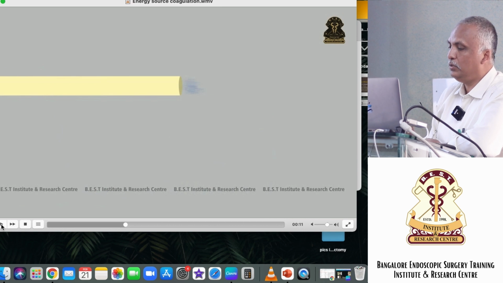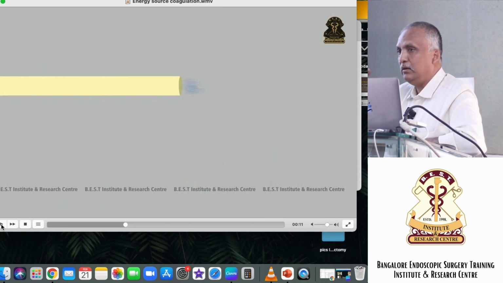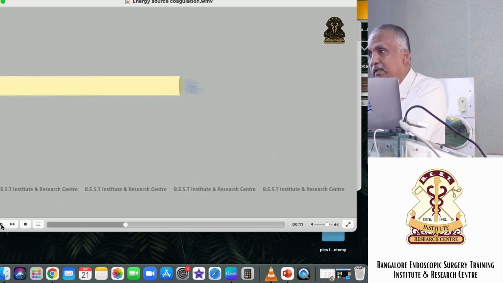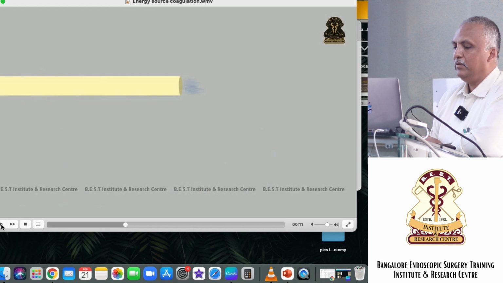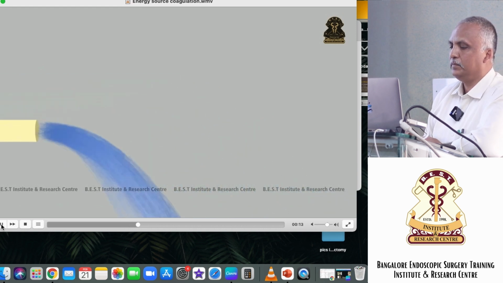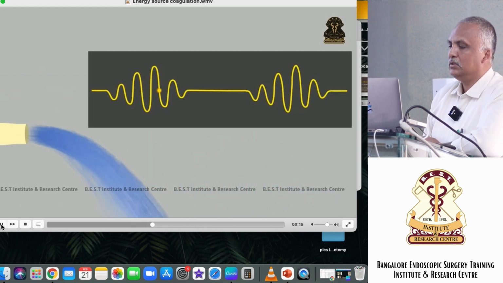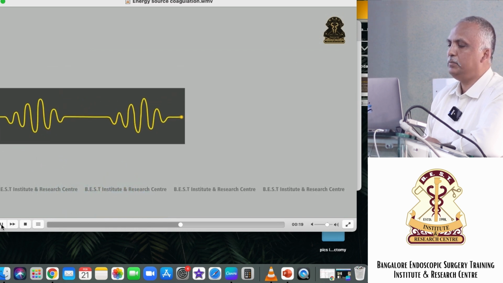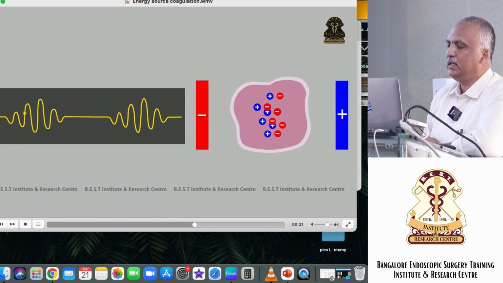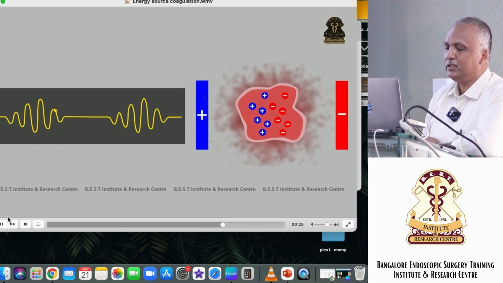So when you do this, the electricity machine is making it happen. It doesn't give a continuous current, it gives stops. Okay? When that happens, so this is the type of waveform. It stops, goes, stops, goes. So when it goes, see, it becomes slow, stops, and then again becomes fast, again stops.